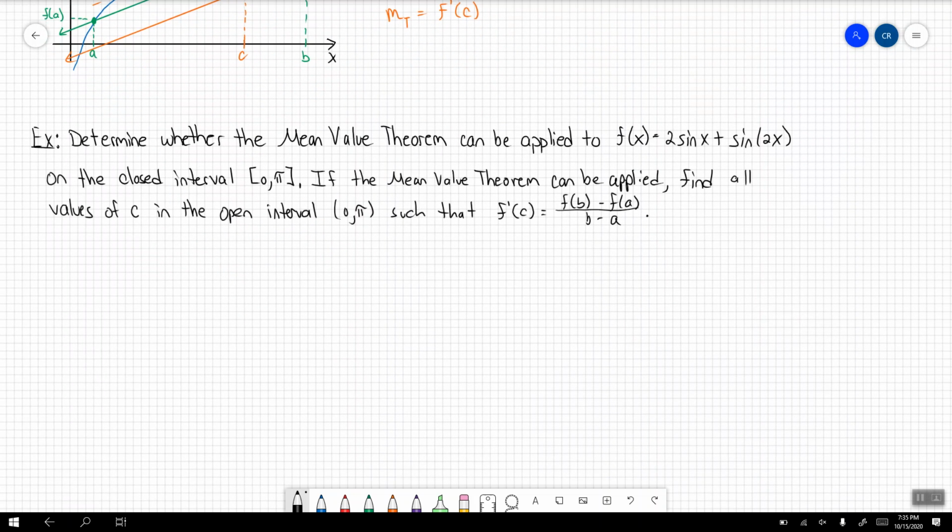So again, we're going to determine whether we can use the mean value theorem. If we can use it, then we're going to go ahead and apply it.